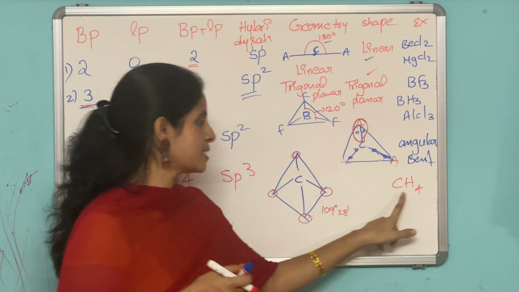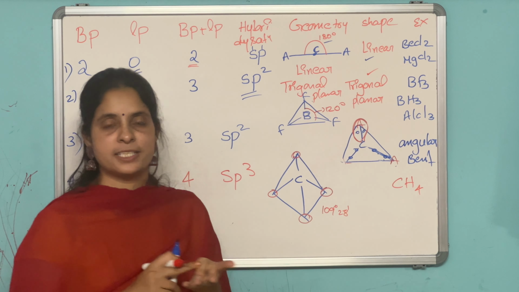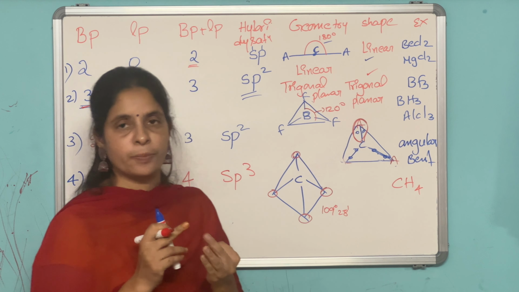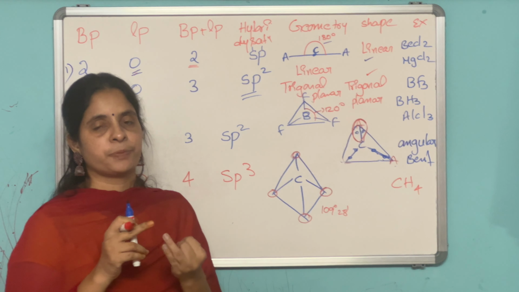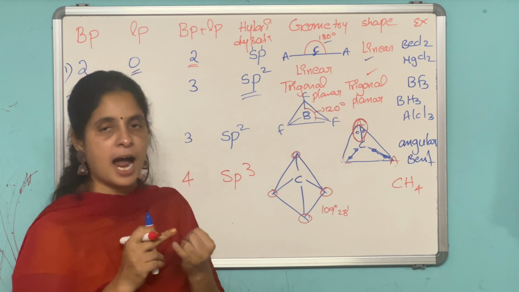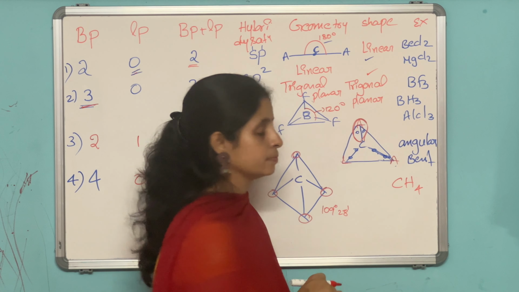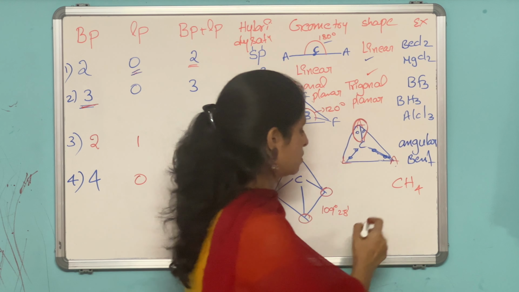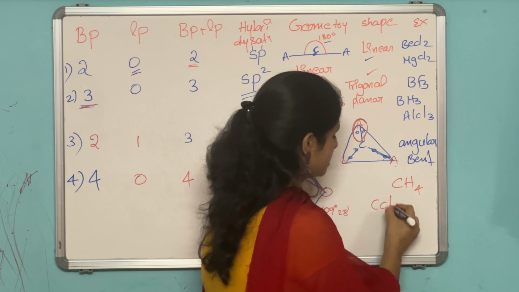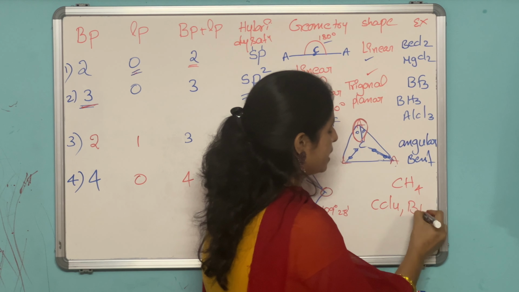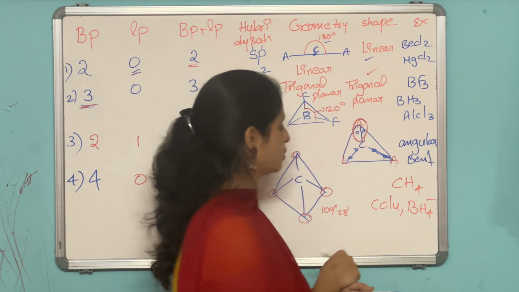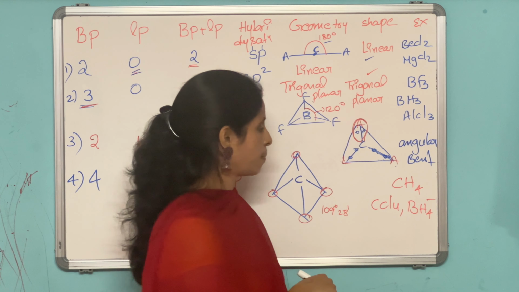Now you take CH4, write the hybridization, how many bond pairs, how many lone pairs, what is the shape, what is the geometry, and what is the bond angle. Okay, CH4, CCl4, BH4 minus, you can write these examples.